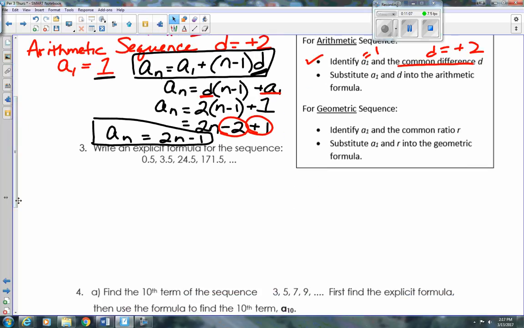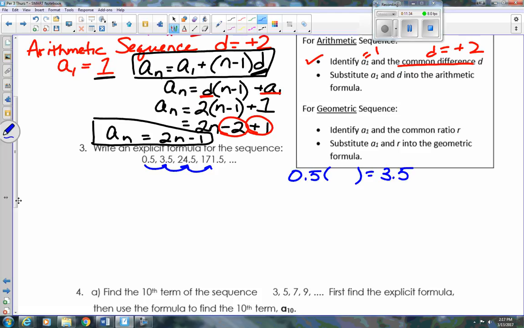I'm going to write an explicit formula for this next sequence. Got to figure out what's going on. Don't think I'm adding the same number every time, probably multiplying, since my numbers are getting larger. Let me see if I can figure out, what do I multiply 0.5 by to get 3.5?